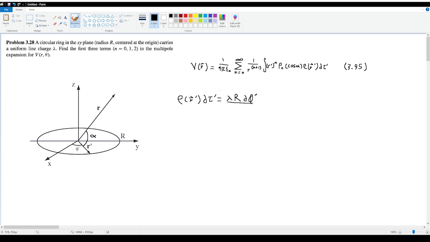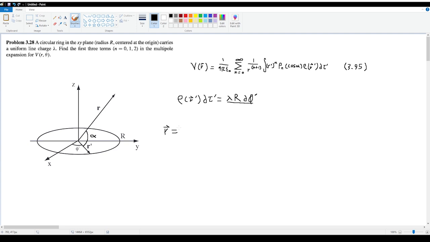Alpha is the angle between the r and r prime vectors. So first it'd be good to define what these vectors are.